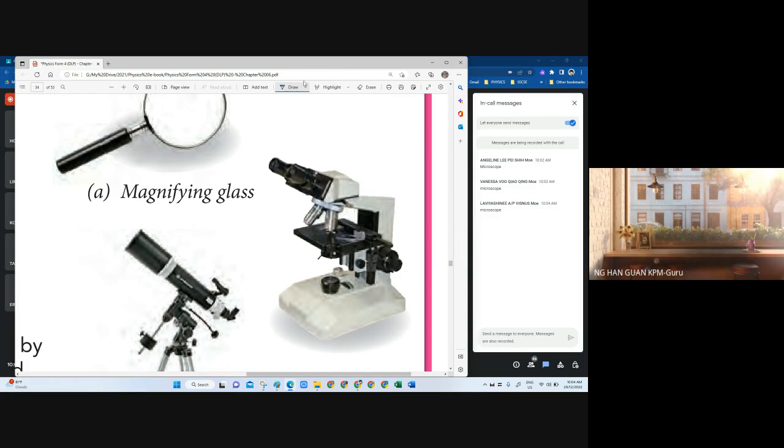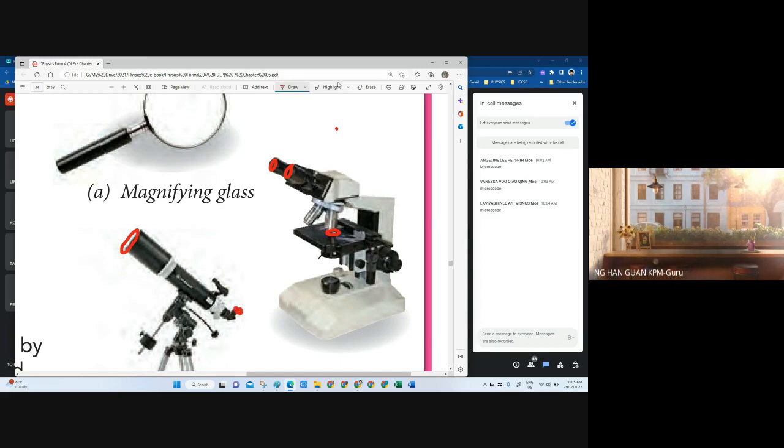Okay, so here is your eyepiece lens, and here is the objective lens. Objective lens, eyepiece lens.